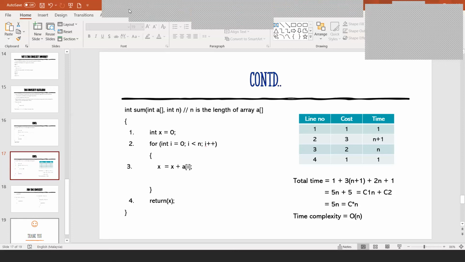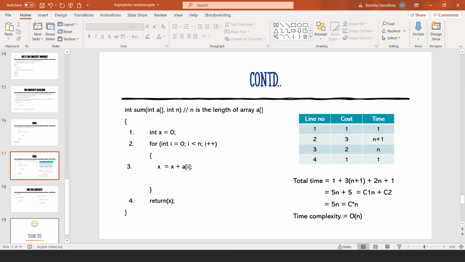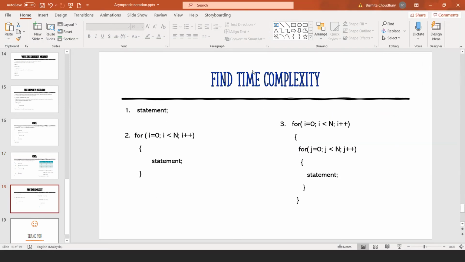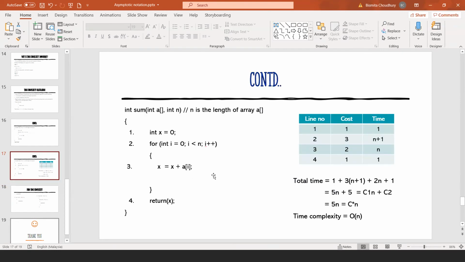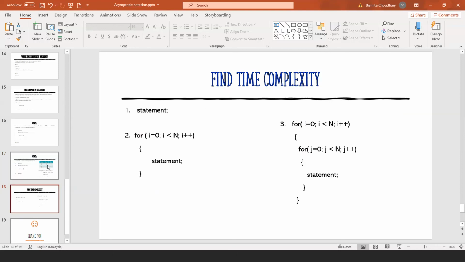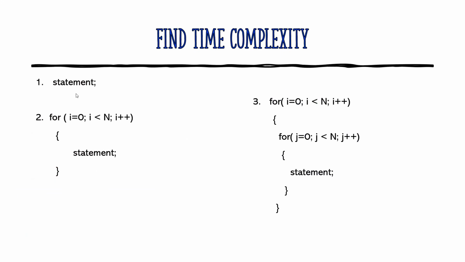So should I go for the general rules today or next class? Next class. Okay. So you guys have some info, right, on how you can calculate time complexity, like you need to calculate cost and time.